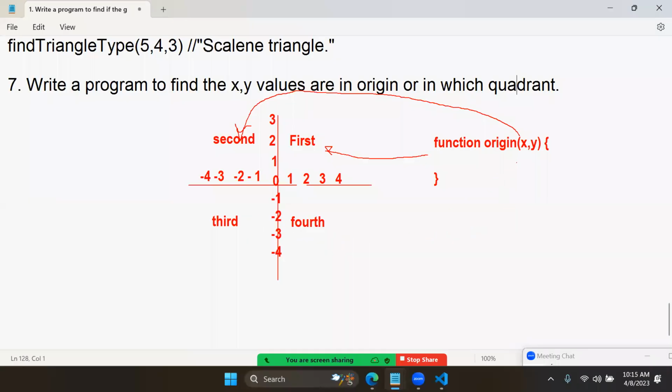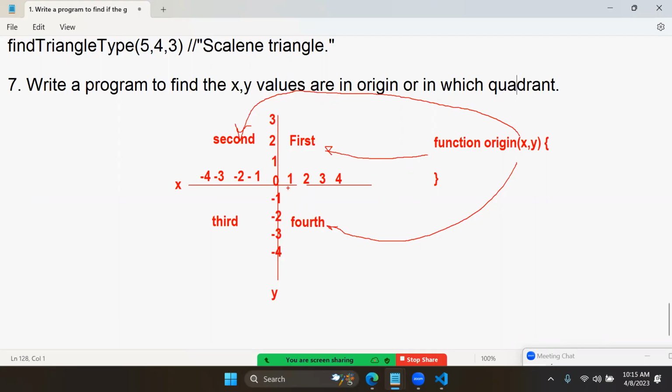And if it is within this range, it should say fourth. What is this range? This is the x axis and this is the y axis.